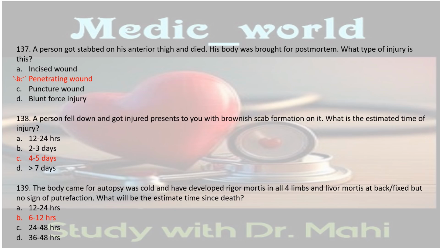What is the estimated time of injury? The answer here is 4 to 5 days. The body came for autopsy was cold and had developed rigor mortis in all 4 limbs and livor mortis at the back, fixed, but no signs of putrefaction. What will be the estimated time since death? The answer here is 6 to 12 hours.